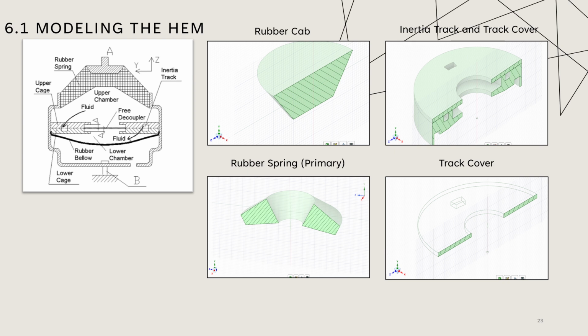When designing them, we have to think about where the inlet should be for the fluid going through from the upper chamber. So I had to design an inlet for the fluid to go through the track cover. Then it flows through the track cover straight to the inertia track.